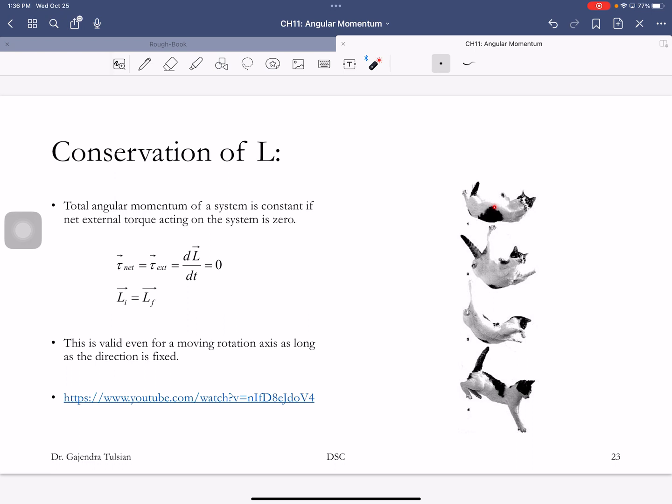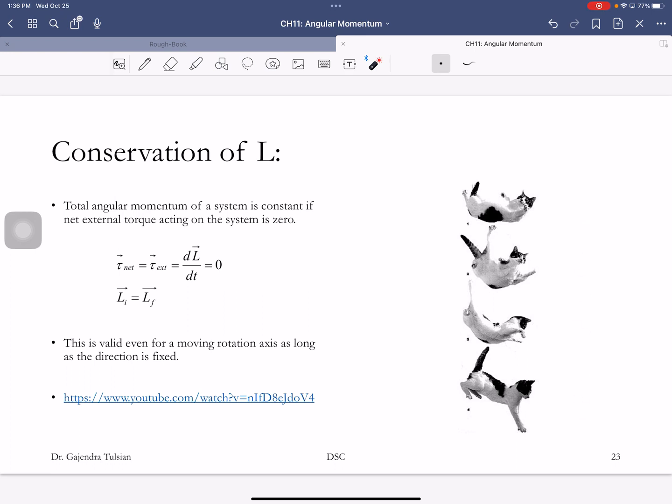When you just drop it, its angular momentum is 0. Here's a cat with its feet in the air. You dropped it, its angular momentum is 0, and it'll always land on its feet. So what's going on? Apparently the limiting distance is 3 feet.